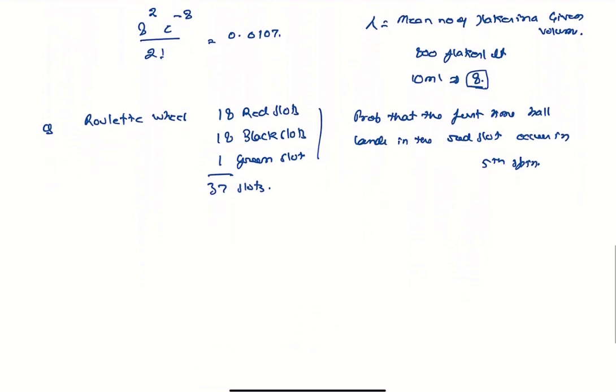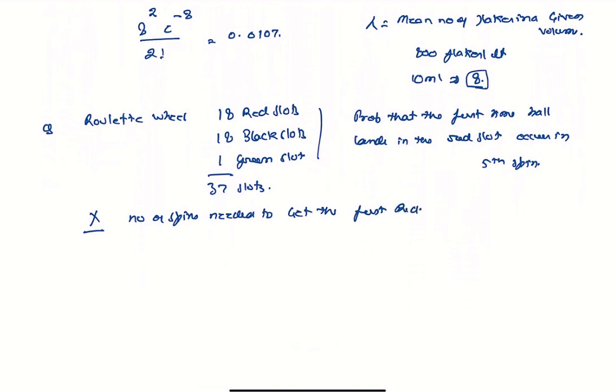So again, let x represent the number of spins needed to get the first red.